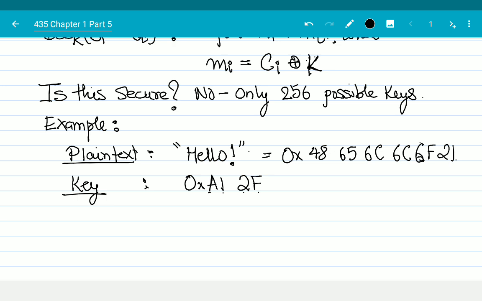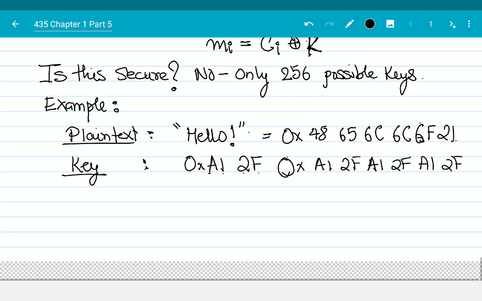And so I am going to encode it with 0xA12F, repeated.